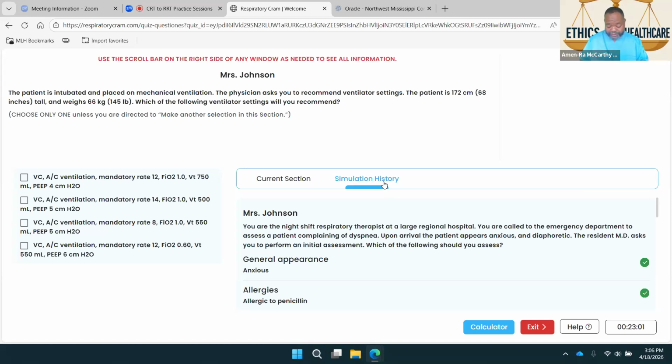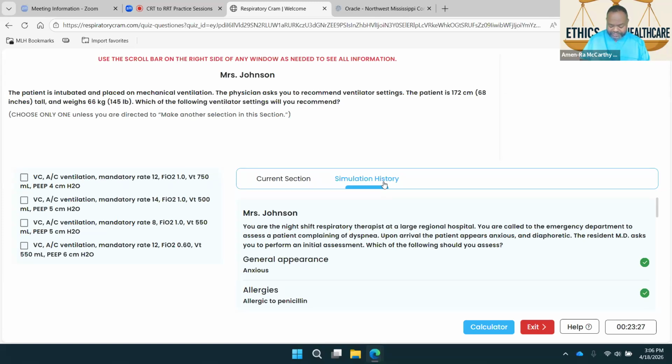It comes out to 66, but I always want to do it myself. 145 divided by 2.2 is 65.9, which is 66 kilograms. Excellent. Now we have to do 66 times 6 and 66 times 8 to get our range of tidal volume.